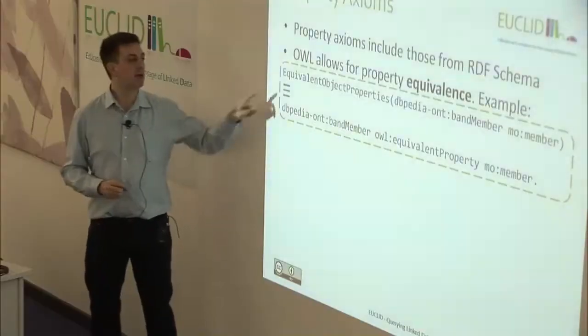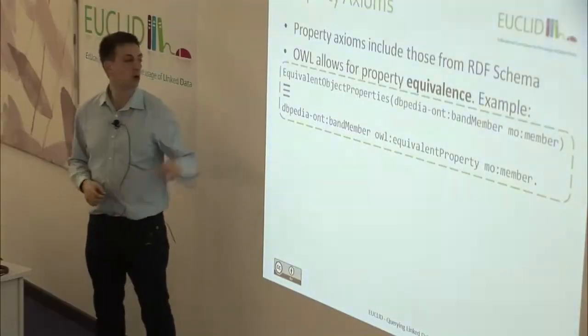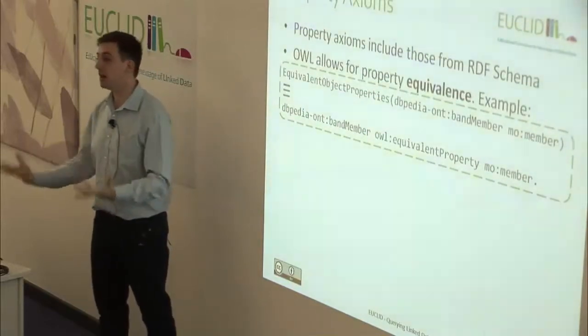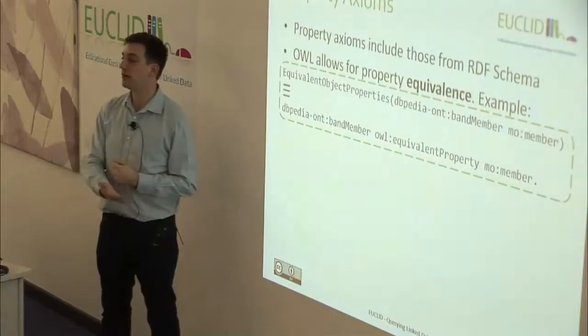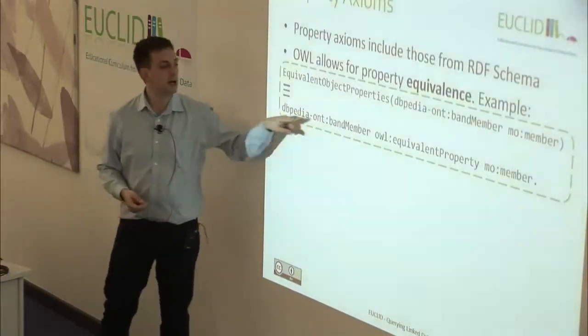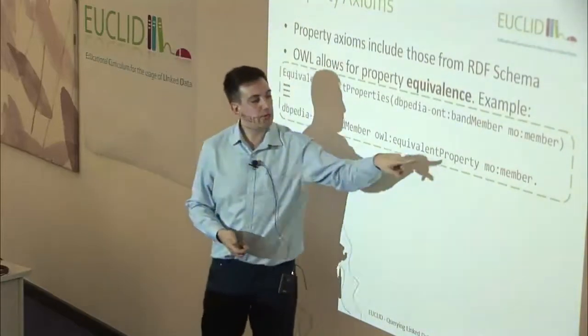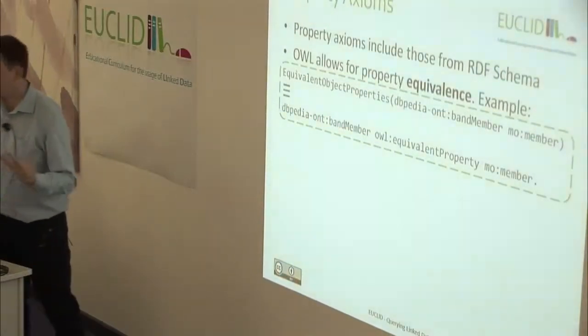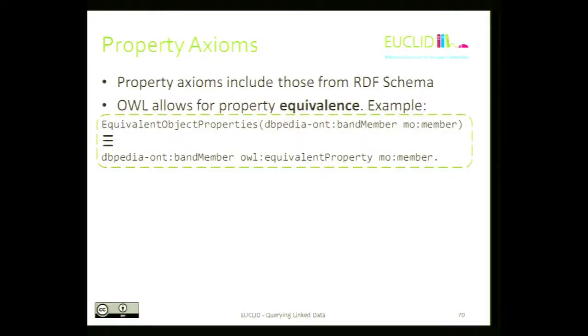We assert that with an abstract syntax in OWL, or underneath, this is how we would write it in triples, the kind of things that we're used to writing and have been talking about throwing into RDF stores. So you could write this and say, band member is actually the same property as member in the music ontology. And with OWL entailment of a profile that includes this equivalent property bit of vocabulary, we can then query through either of these names for the relationship.